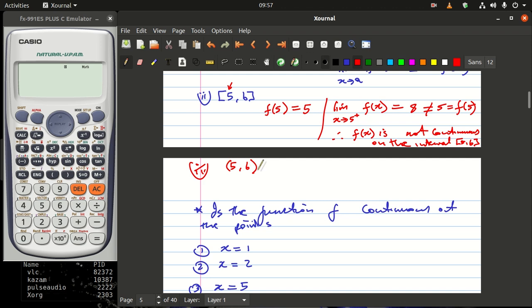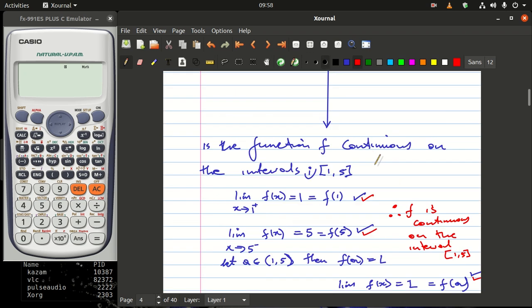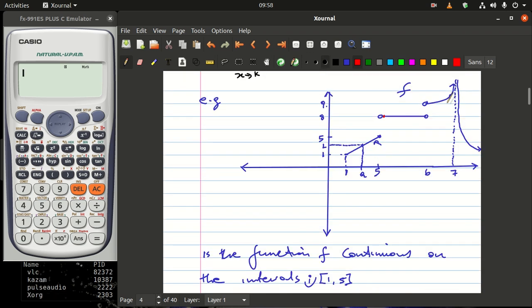They mean that 5 is not part of this interval, because we don't have square brackets. What we actually mean on the graph is that the values in between are the ones we're talking about. And you can see that starting from this point up to that point, I can draw the function without lifting my pen.